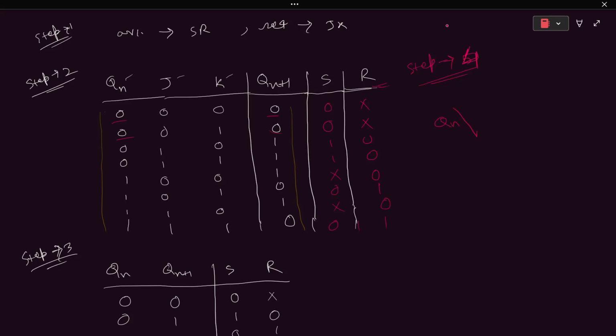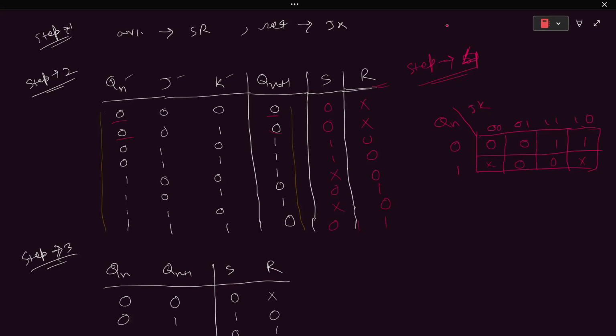MSB is there. This is JK: 0 0, 0 1, 1 1, 1 0, and this is Q, 0 1. So 0 0 1 1 0 0 1 1, not allowed 0, not allowed 0, not allowed 0, not allowed 0.